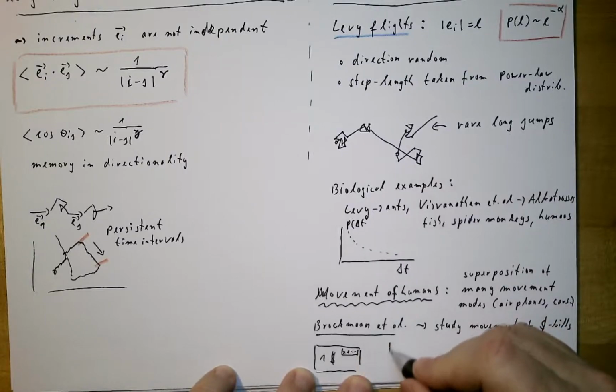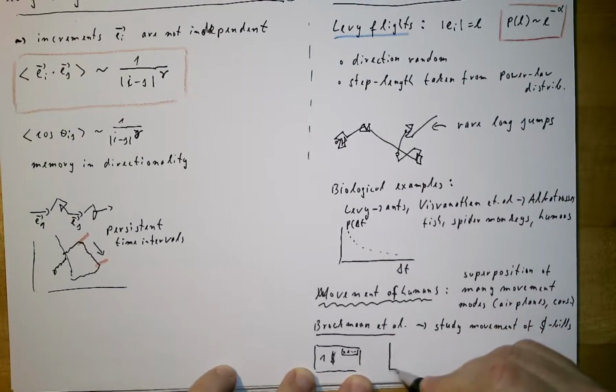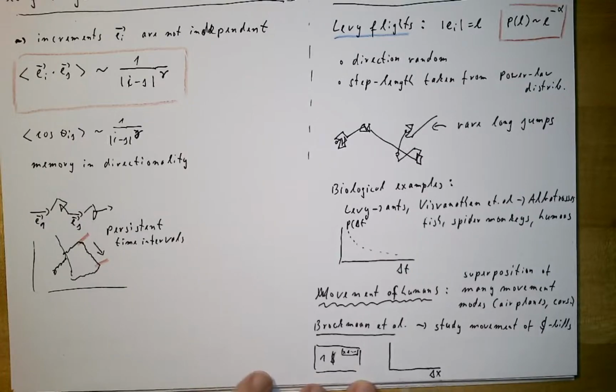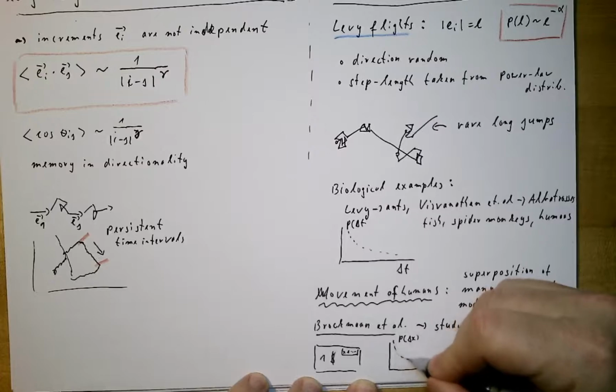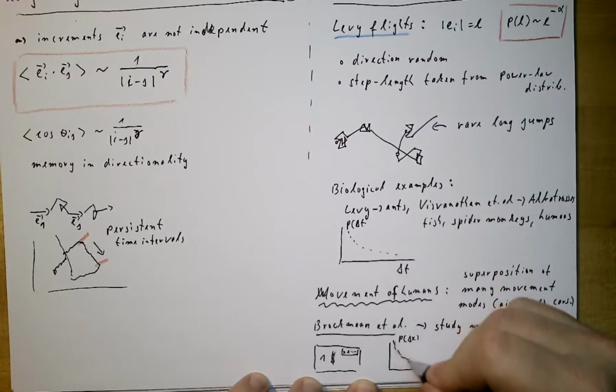And so Brockmann et al. made a very cool analysis, and one part of the analysis, they looked at here the delta x, so this displacement that dollar notes were doing in a certain time interval, and they looked for the distribution of this, and they really could show this follows the power law.